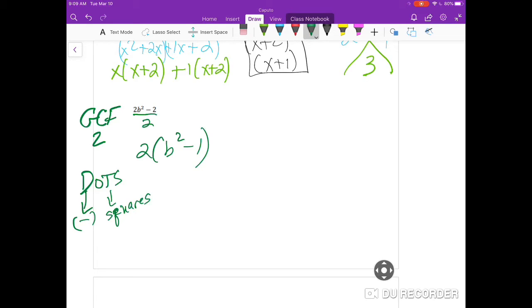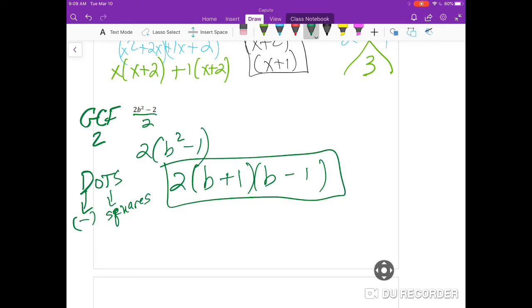Perfect squares. All right, so I have a minus sign with perfect squares. Square root of b squared is b and b. Square root of 1 is 1 and 1. One gets a plus, one gets a minus. That one was probably a little bit easier. Hopefully you guys understand that. Anytime you get this, you're looking for difference of two squares, plus 1 and minus 1.